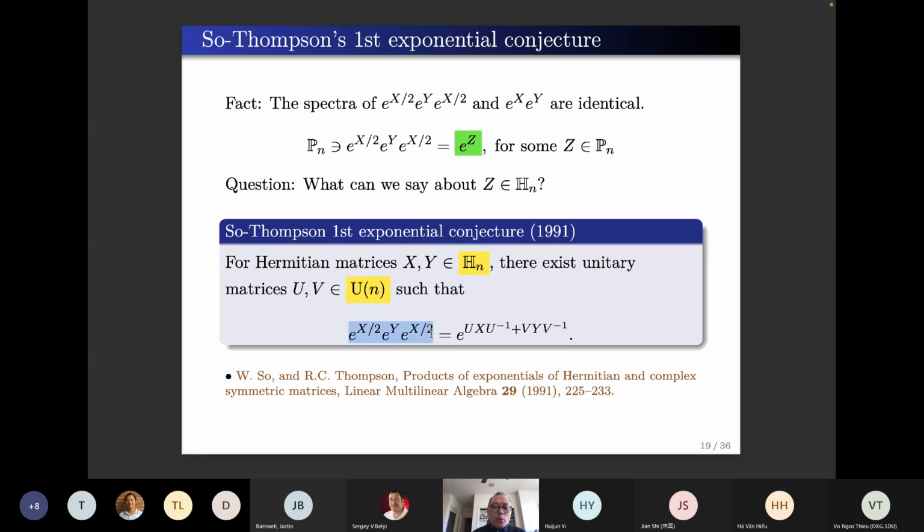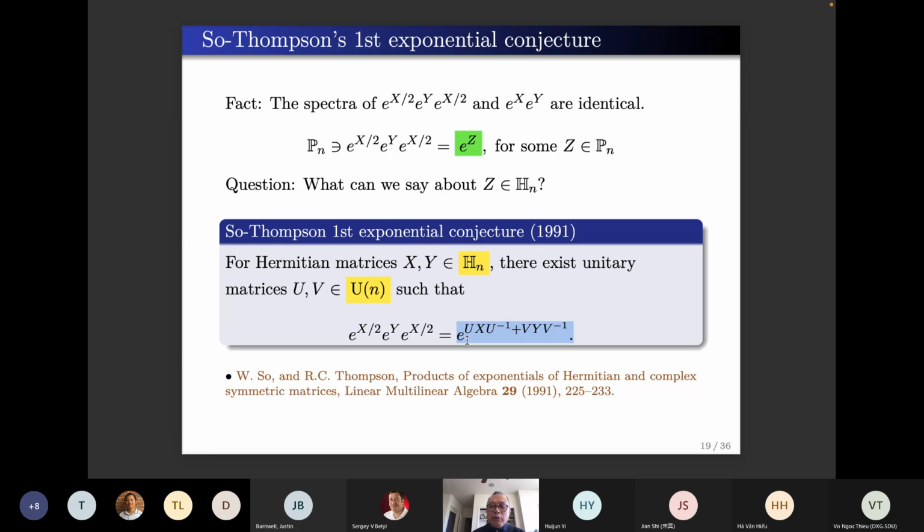Given X, Y in HN, there exist unitary matrices U and V such that the left side equals the right side. In other words, the right side can be interpreted as the exponential of something, and that something is UXU inverse plus VYV inverse.